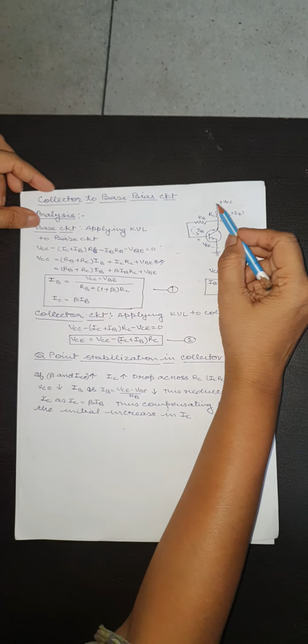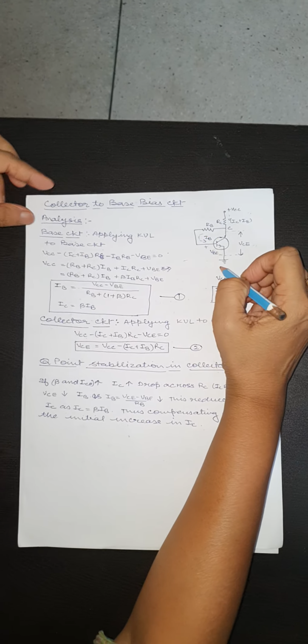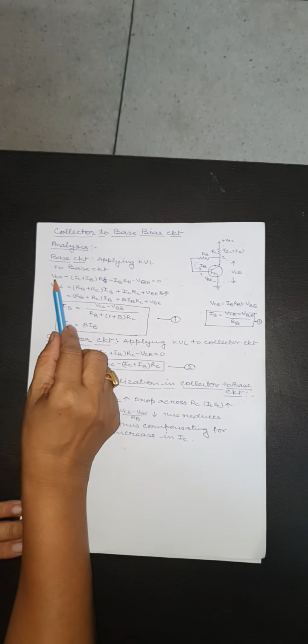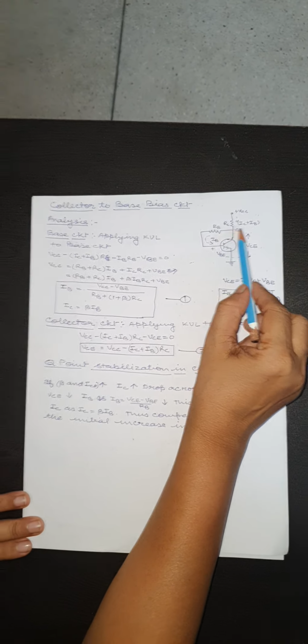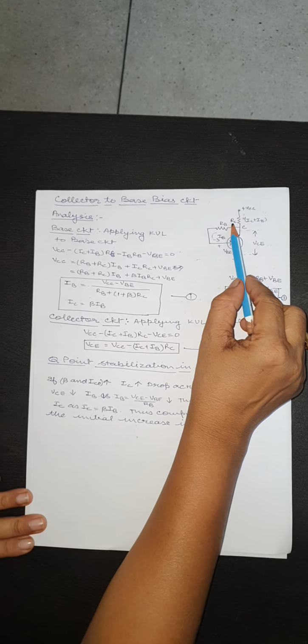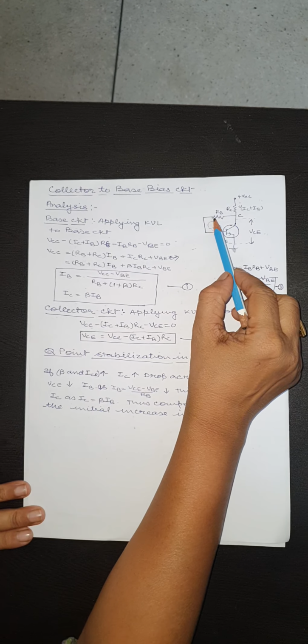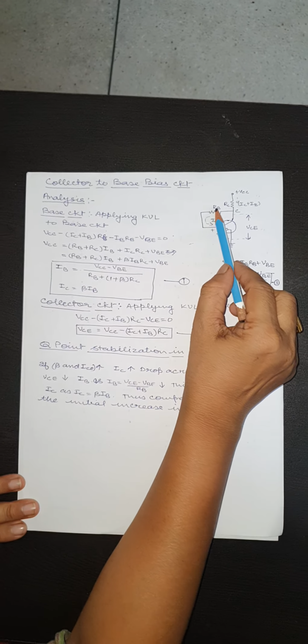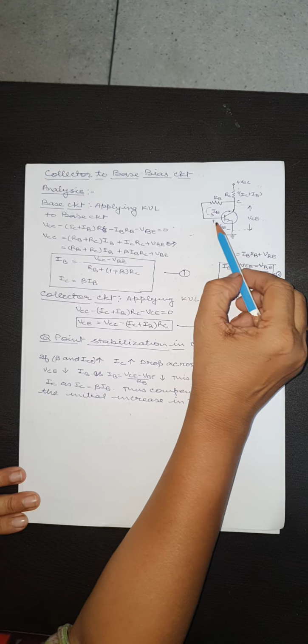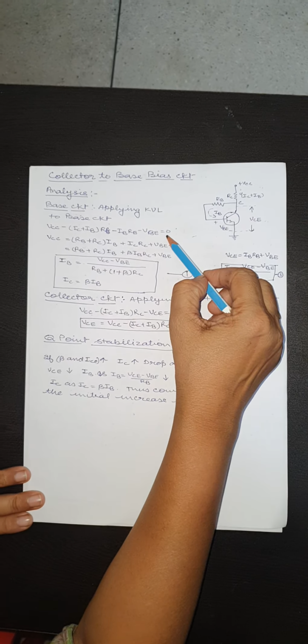Analysis: if we apply KVL to this input circuit, we get VCC minus (IC plus IB) multiplied by RC minus IB RB minus VBE is equal to 0.